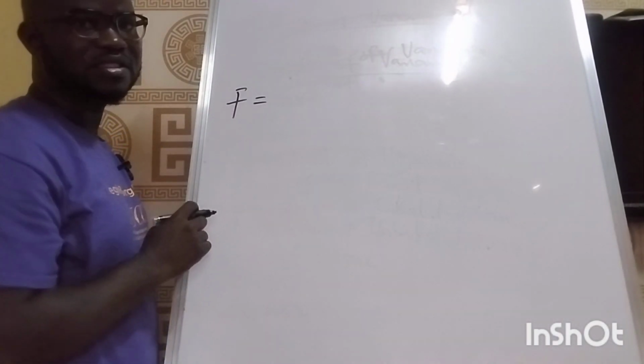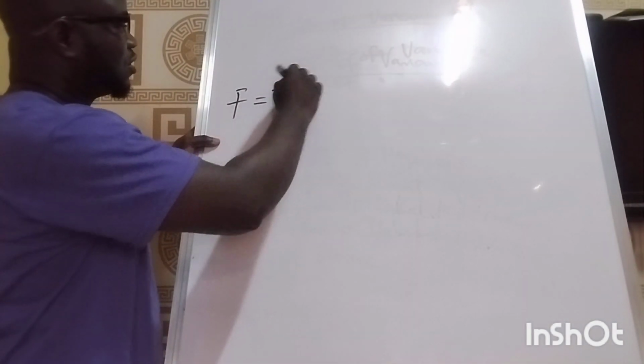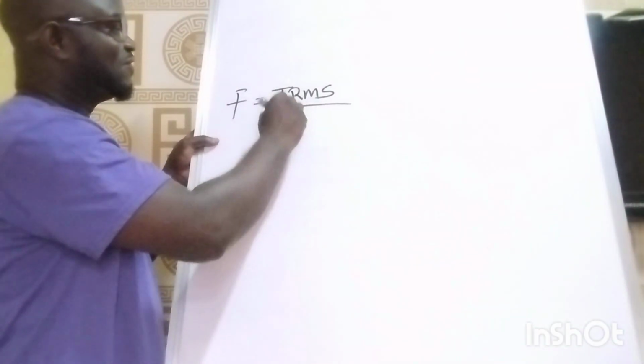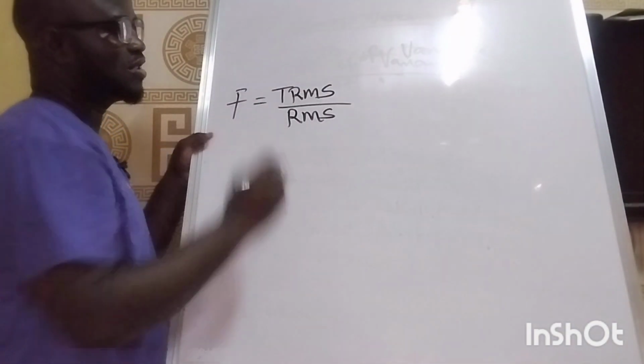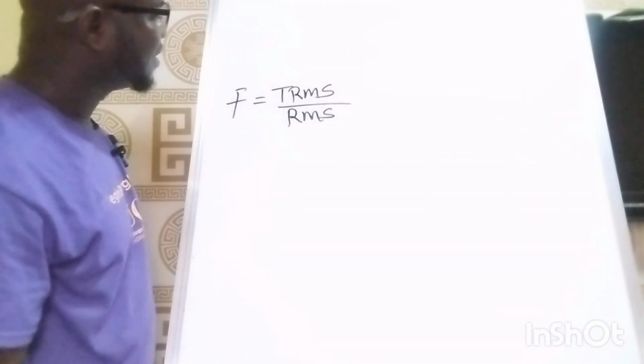Calculated value, then we say F is equal to TRMS divided by RMS, right? So what is TRMS?